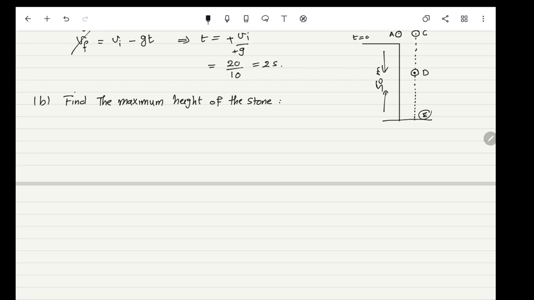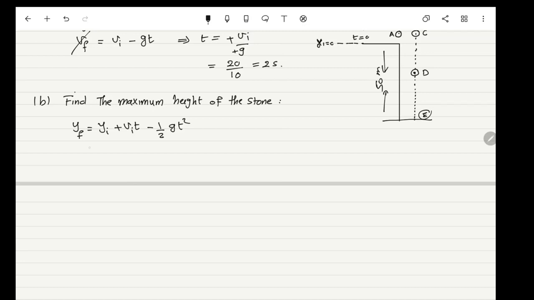What is the maximum height of the stone? Let's use this equation: Y final equals Y initial plus V initial T minus half G T squared. Before continuing, we have to set up the reference point. Let's set the reference point at the top of the building, so Y initial equals 0. This is the reference point.